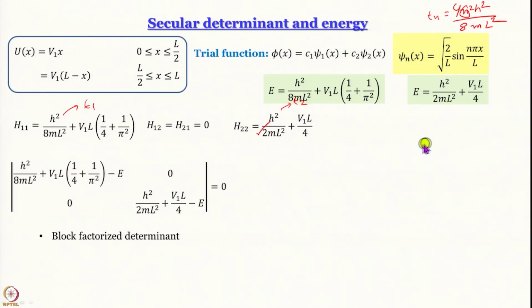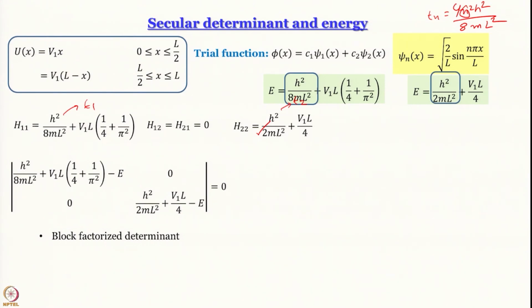So, once again, energy of n equal to 2 plus a correction term. We know that these two are the energies of n equal to 1 and n equal to 2 for the regular particle in a box that we have studied earlier, plus some correction term. So, that is the advantage of having a block factorized determinant.